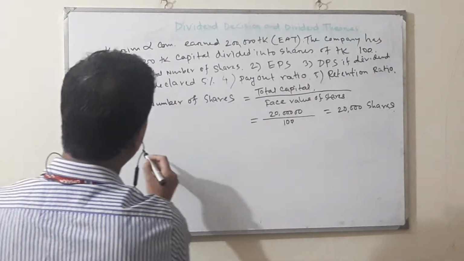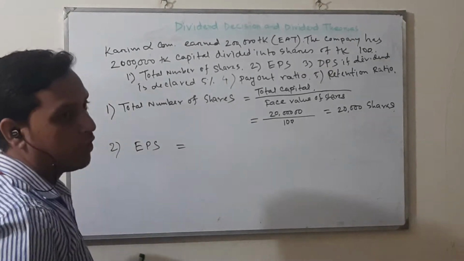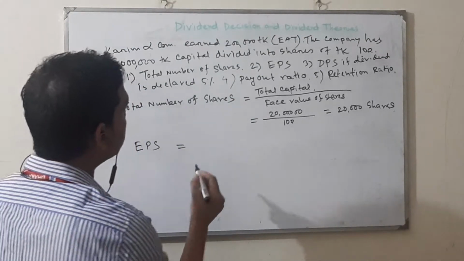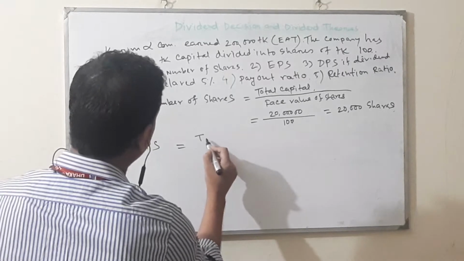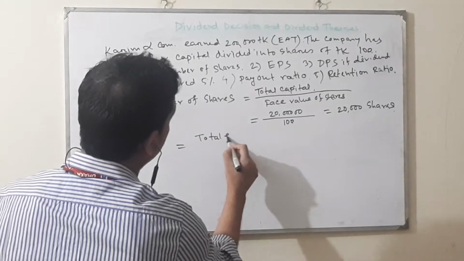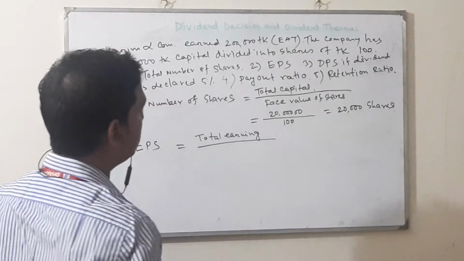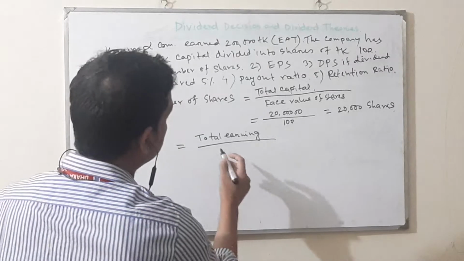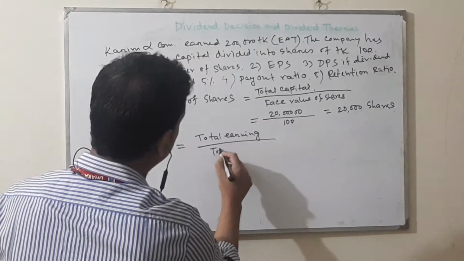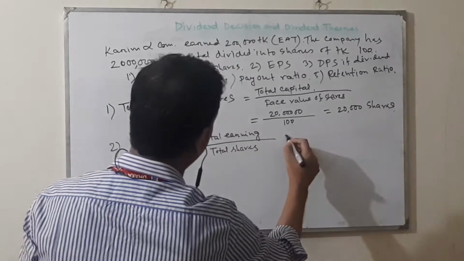Okay, so two, I mean EPS, we should bring out the EPS. The elaboration of EPS is earning per share. So total earning divided by total shares.